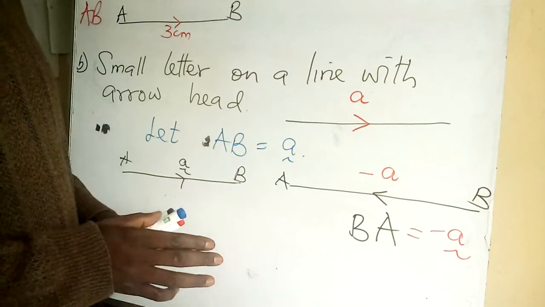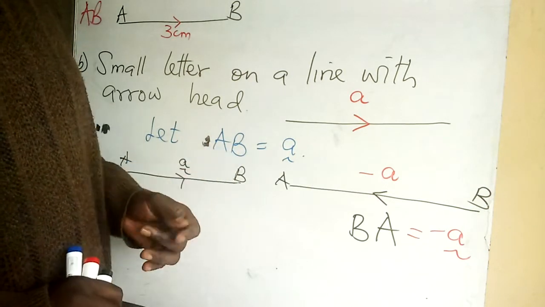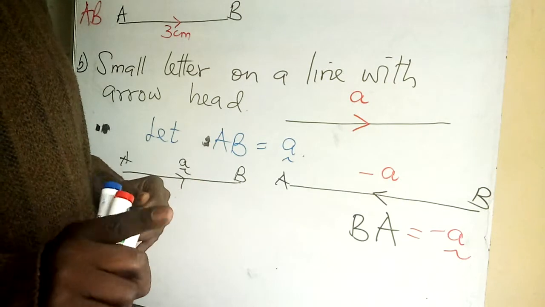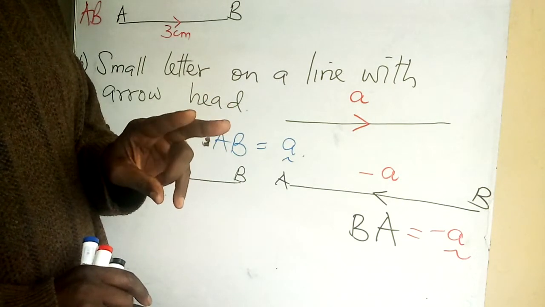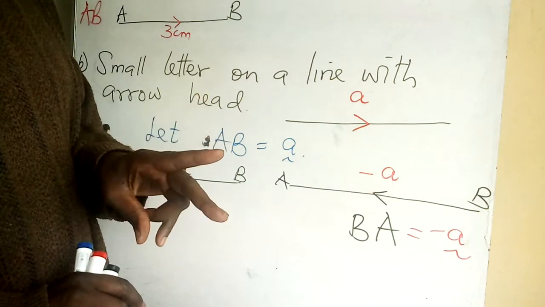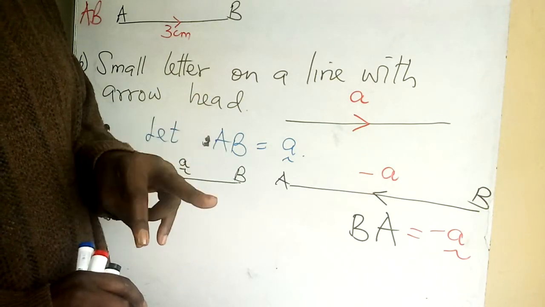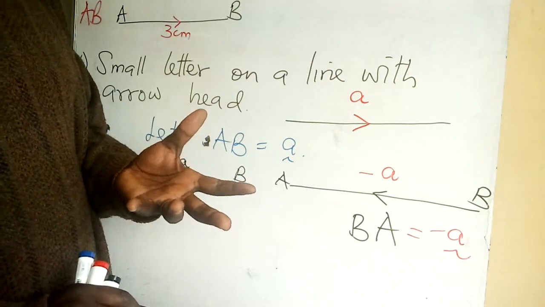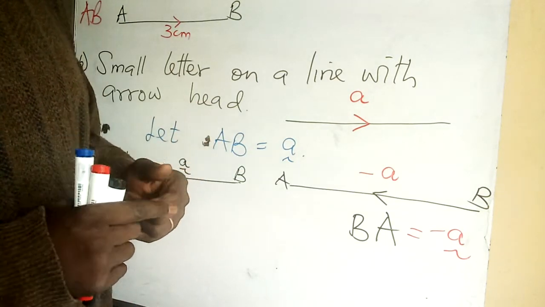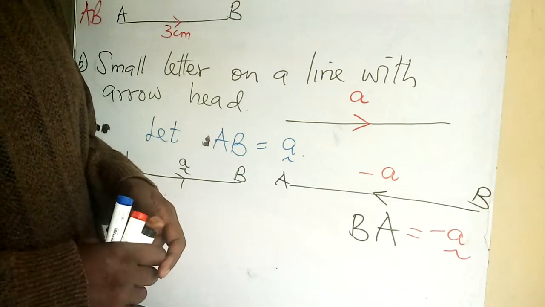So what do I conclude? A vector is described by two things: size and direction. Size is a figure. Direction, we use two capital letters or an arrow.